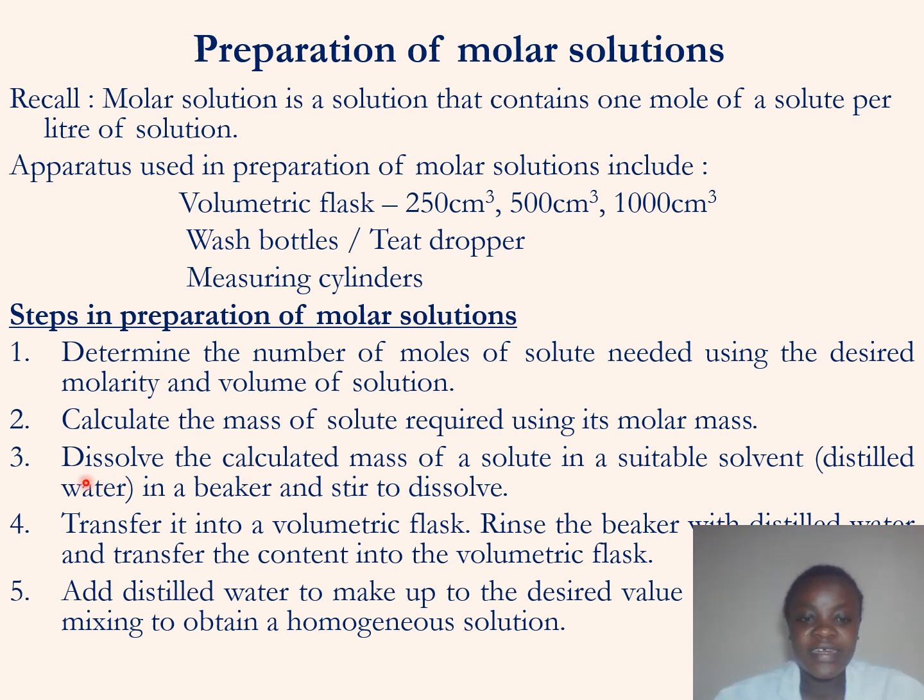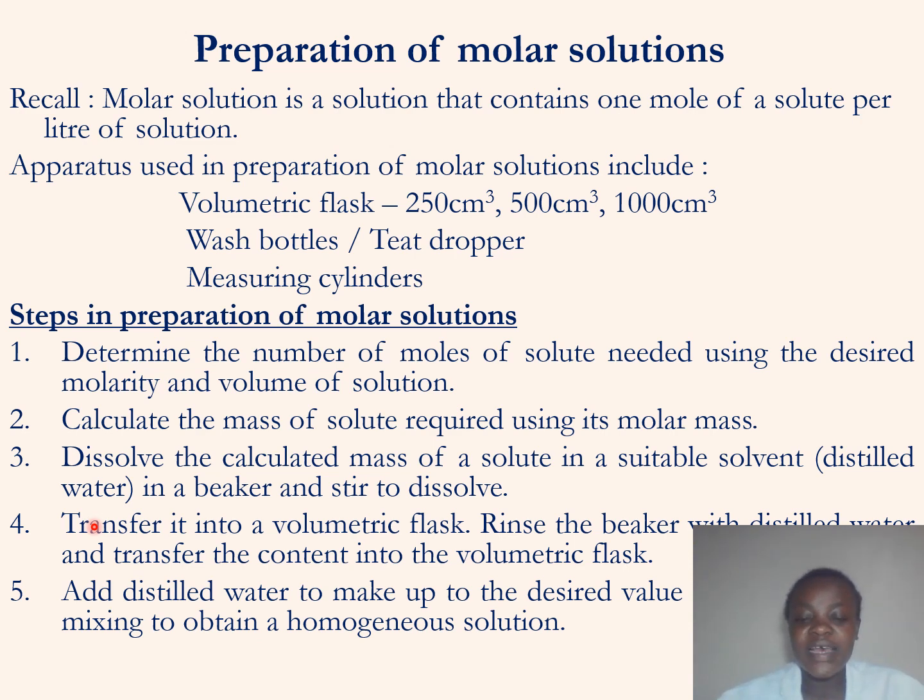Step number 3, we dissolve the calculated mass. From step 2, we got the mass, so we dissolve this mass of the solute in a suitable solvent. In this case we usually use distilled water, and we dissolve this mass in a beaker.